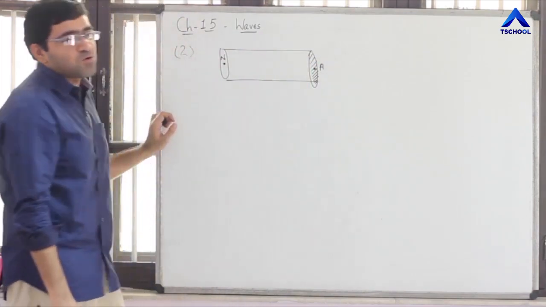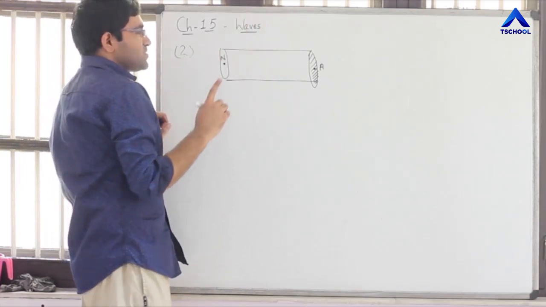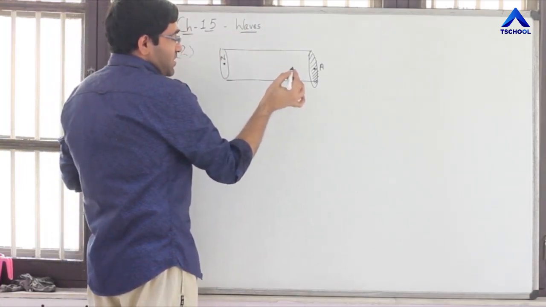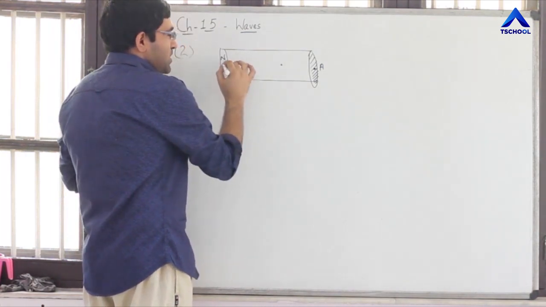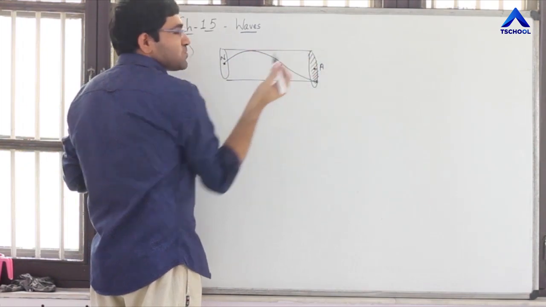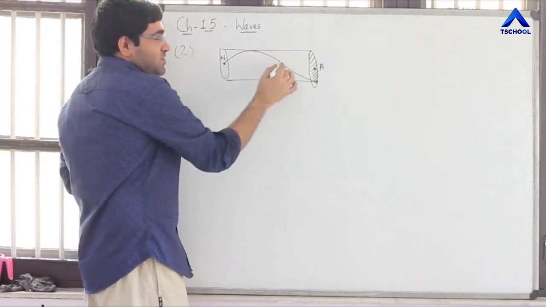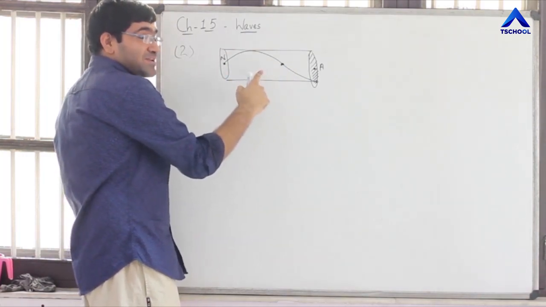Don't forget that at the closed end you have a pressure antinode. Okay, time to draw the diagram. Now this is where you have to be a bit careful. We should have an antinode over here and a node over here. That is only possible like this. Obviously this is the second case.